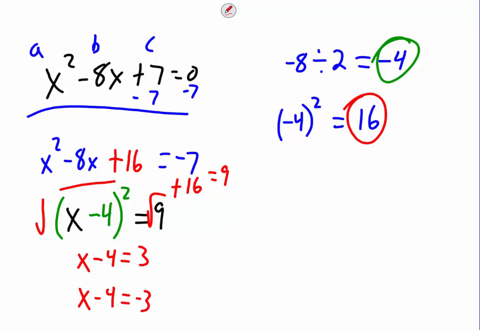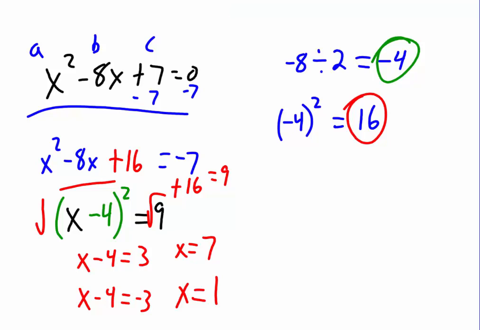Now we're just going to add 4 to both sides of the equation. On the top one, 3 plus 4 is 7, so x equals 7. If I add 4 to both sides on the bottom one, I get x equals 1. And those are the solutions.